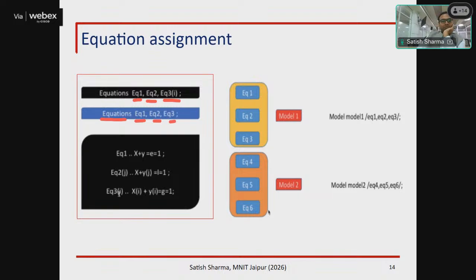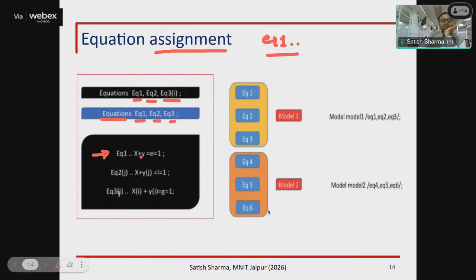Once we have declared the equation, we provide the assignment, like eq1 dot dot. This is the syntax basically. EQ is not syntax, but the double dot means you are going to perform an assignment operation.